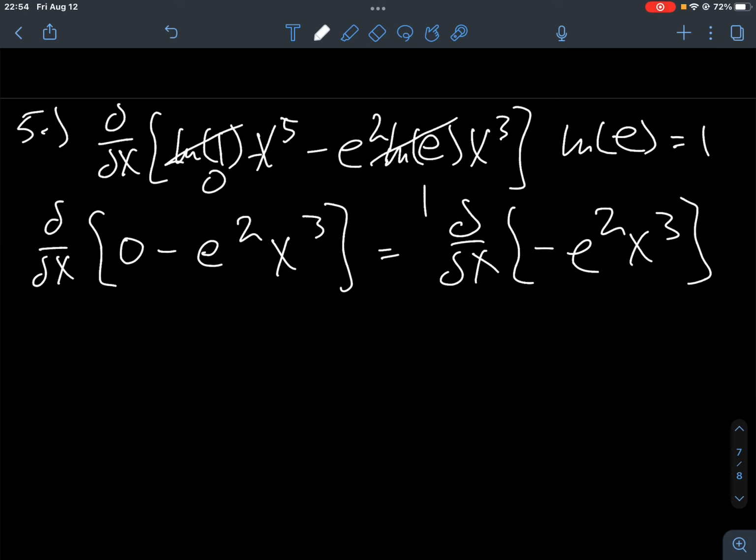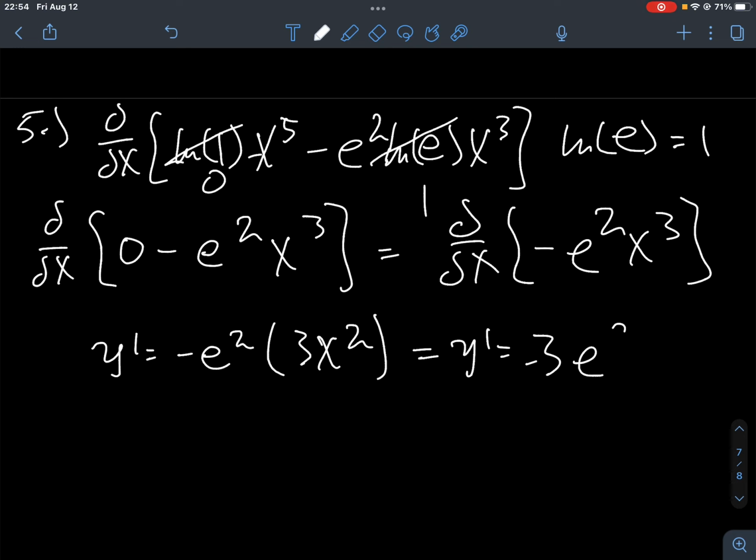Now let's not forget that e squared is a constant as well. So y prime is equal to negative e squared, and we're going to multiply that by the derivative of x cubed, which is going to be 3x squared. So y prime equals negative 3e squared x squared.